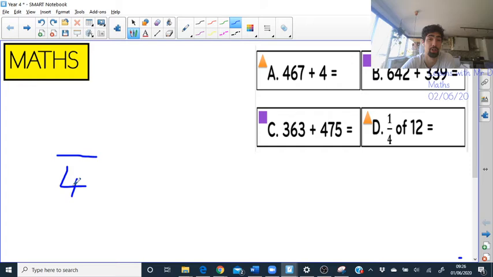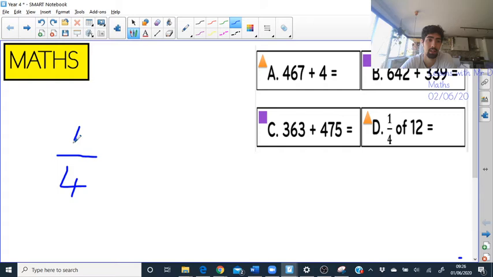And this top number just shows you how many parts you want. So we want to divide the whole number into 4 parts, and I only want one of those parts. So it's 1/4 of 12.